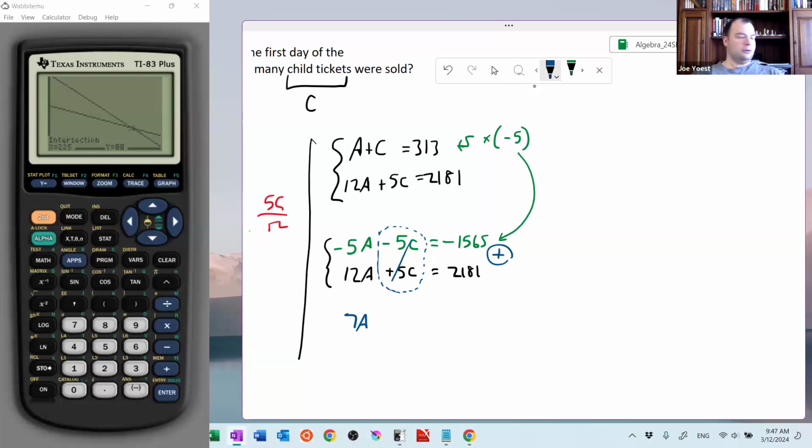My c's go away. Minus 5c plus 5c, they go away. Equals 2181 minus 1565. Now I'll come over to my calculator, do 2181 minus 1565. That's 616.